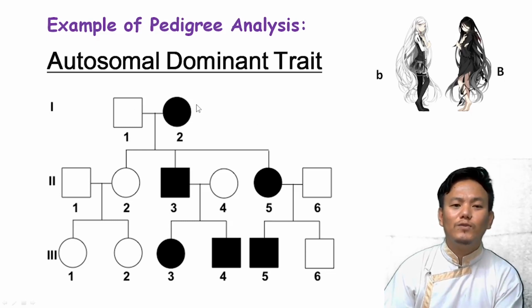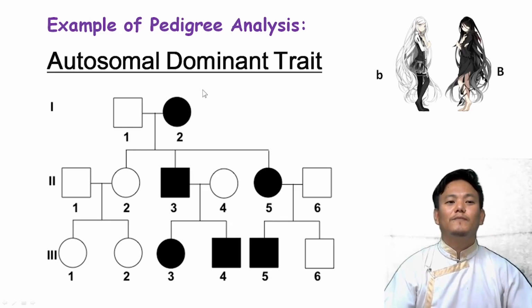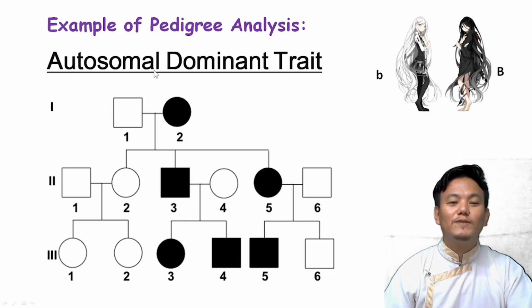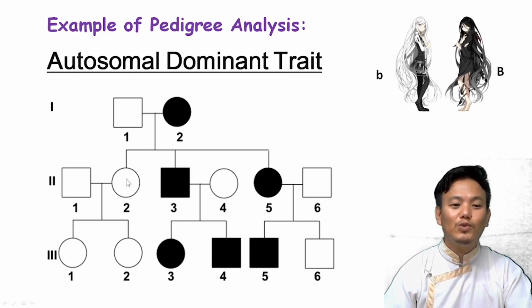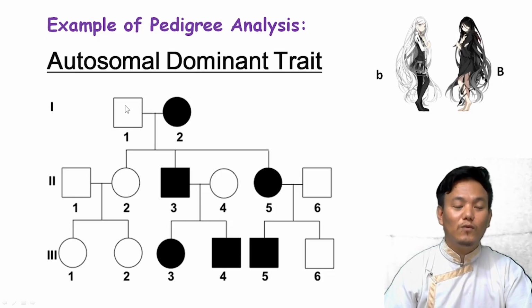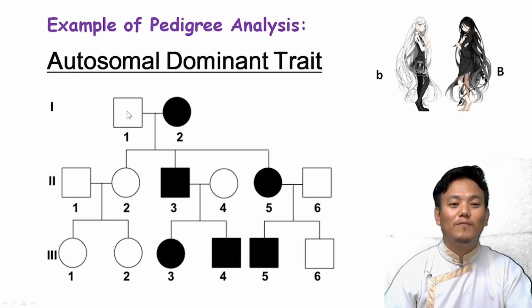So the simple tip is, if the trait is autosomal dominant, the individuals who are not showing the trait, the individuals who are not shaded from within, we can easily guess their genotype. They will have the genotype homozygous recessive.